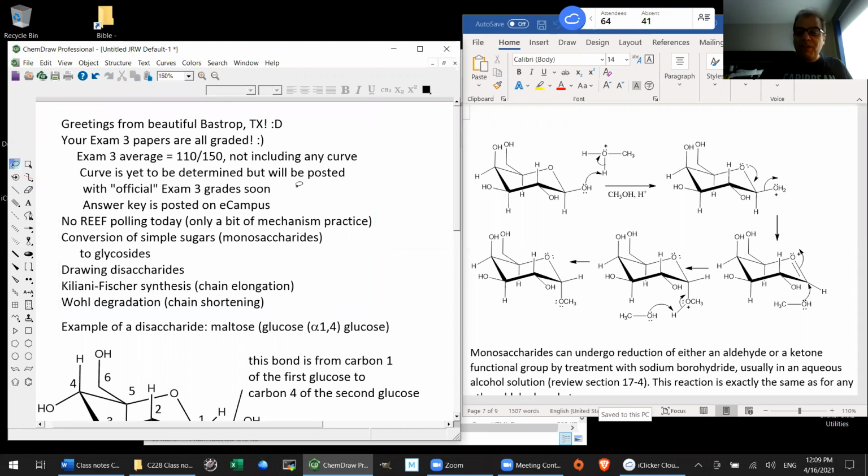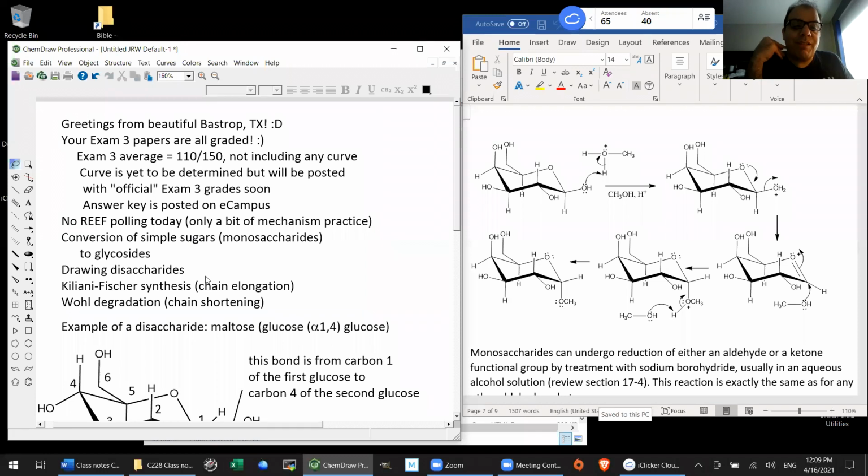So basically, today we just need to finish up the chapter on carbohydrates, and I want to cover glycoside formation since we've covered all of the other reactions of simple sugars, if you will. I also want to spend a bit of time on disaccharides and how to draw them and how they're formed.